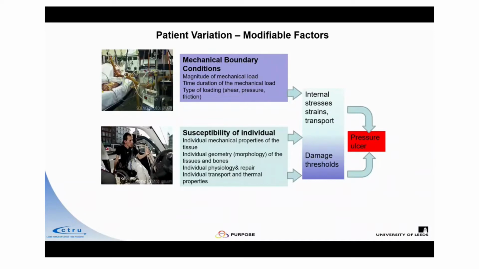And those factors then in turn impact on internal stress, strains, transport, and affect individual damage thresholds and lead to pressure ulcers in some individuals. And the reason that we struggle to identify people at risk is because of all of the different factors involved.